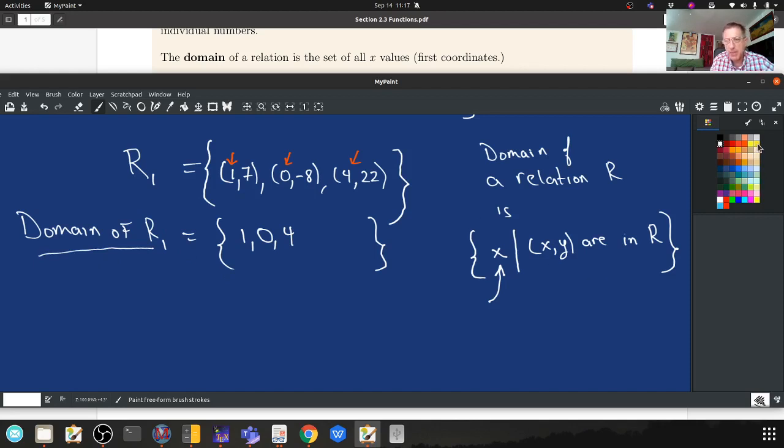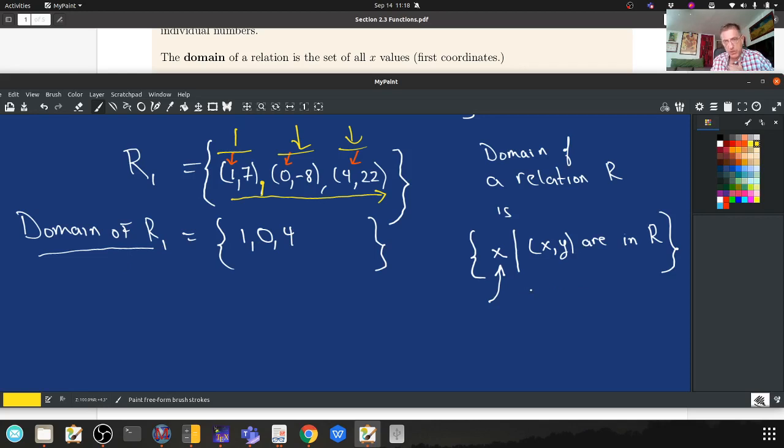The reason I bothered to show you this is because most of our relations are going to have an infinite number of elements in them. This only has 3 elements in it. But many of our relations will have an infinite number of elements in it. So I can't just simply list the domain. I have to actually do it another way.